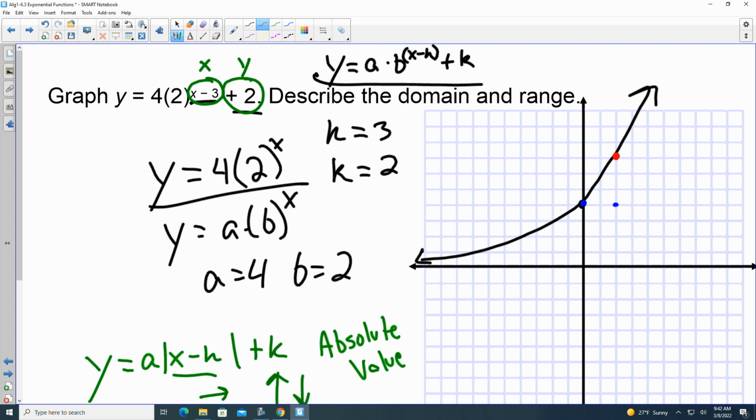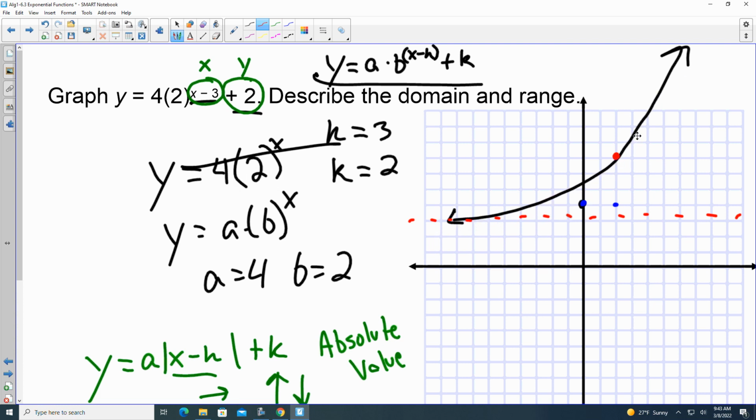This red dot is now like my new y-intercept, essentially. So what happens is everything gets moved up 3. So 1, 2, 3. So essentially, you're just going to take this graph right here and move it to there.